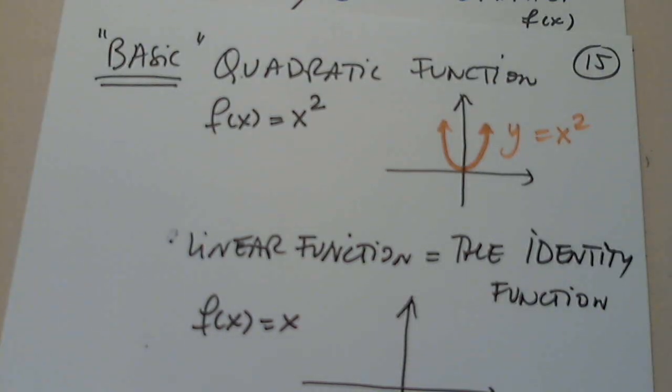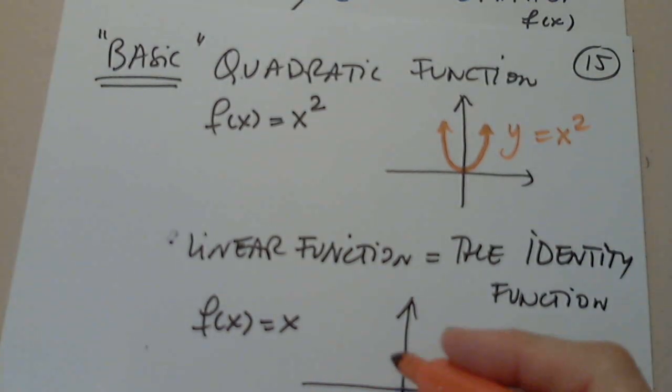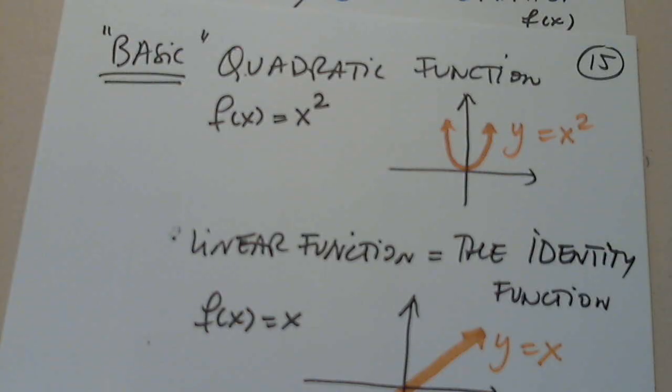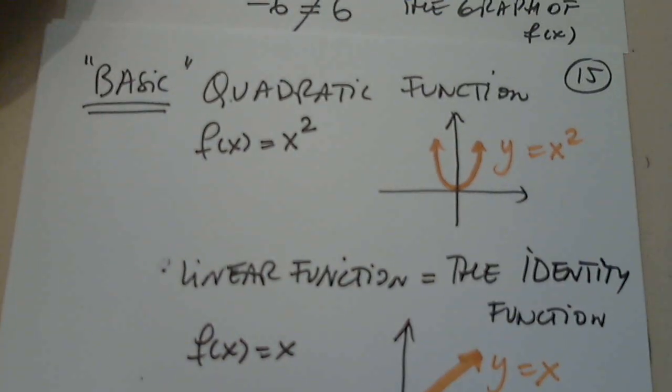Very important function. Easy to remember. A straight line. It bisects the first and the third quadrants. It goes right through their middle. This is it. Y equals x. This is the identity function. Easy to remember. Good.